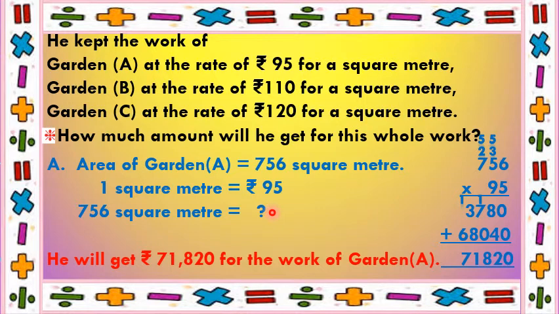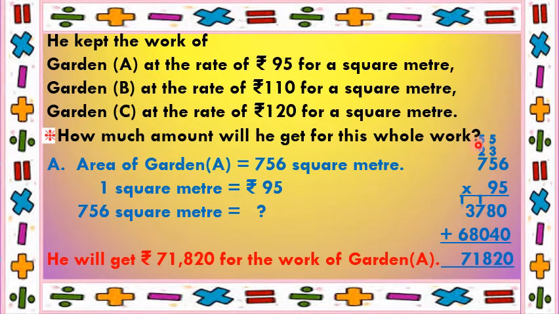We will use cross multiply and divide method. So we will multiply 756 with 95. 6 fives are 30, put 0 down, 3 carry, 5 fives are 25 plus 3 is 28.